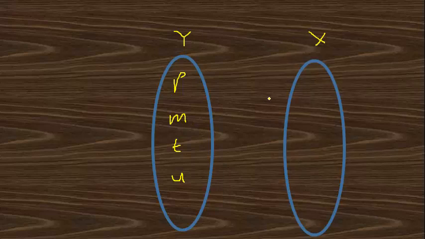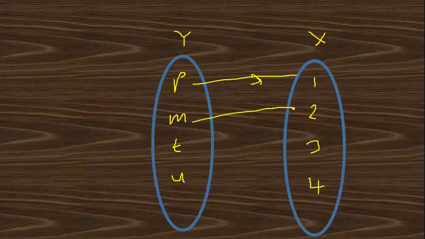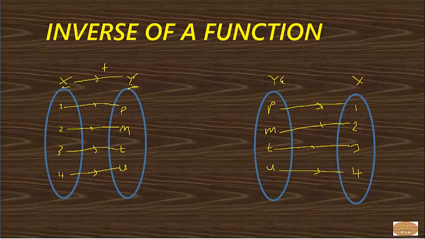So 1, 2, 3, and 4, like that. Okay. So the moment we interchange x and y, this one also changes.